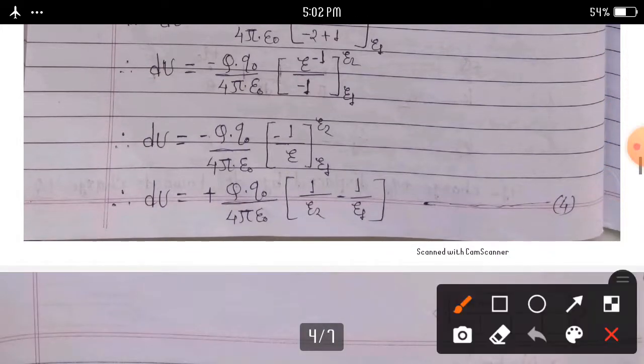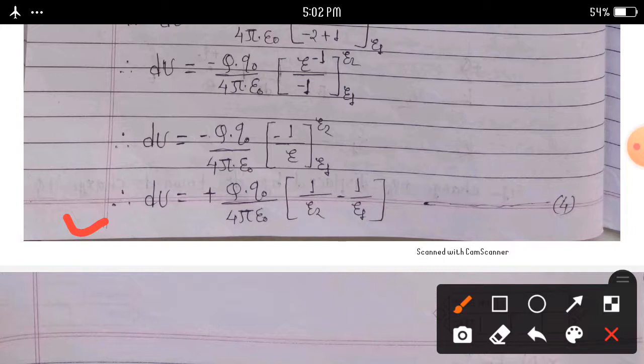Then we put in these upper limits and lower limits. Minus minus becomes plus. dU is equal to plus q q0 upon 4 pi epsilon naught into 1 upon r2 minus 1 upon r1. Consider equation number 4.